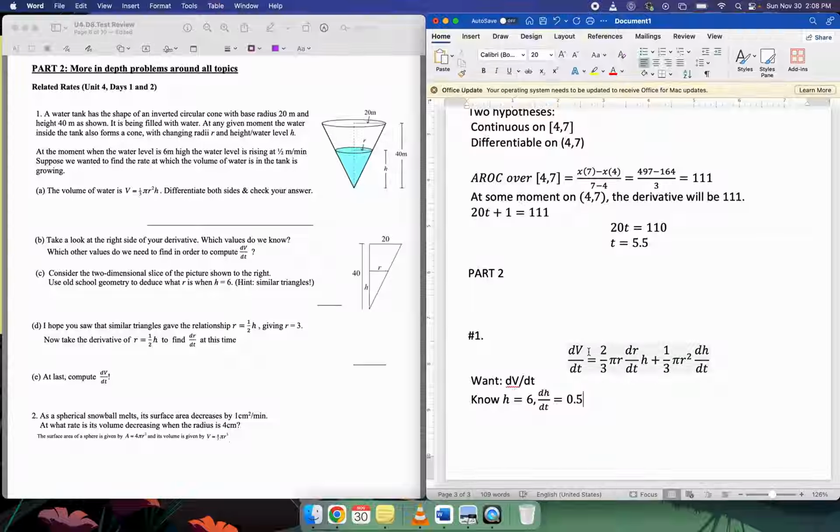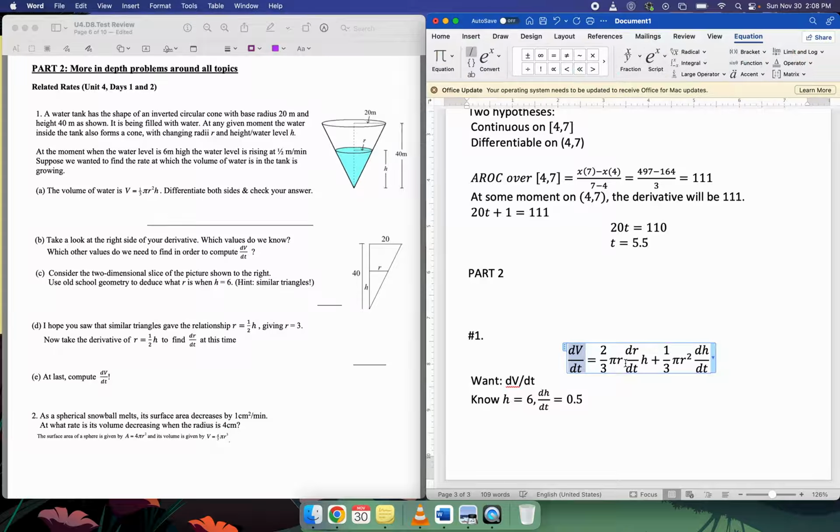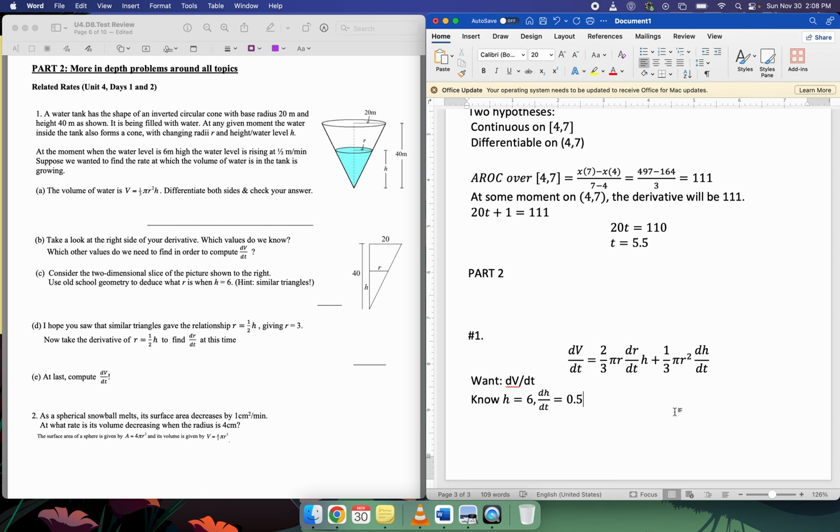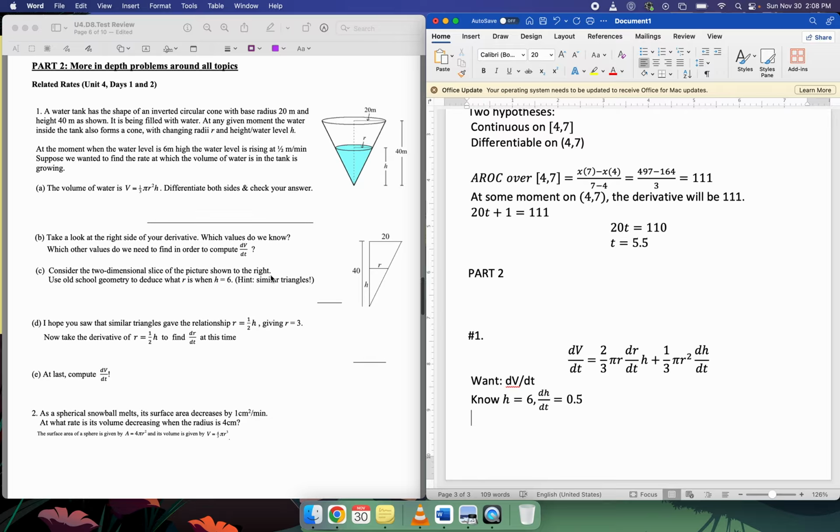If we look at this equation, this is what we want, but we do not know r and we do not know dr/dt. There's quite a lot that we don't know in this equation. This problem is pretty tricky because to find those things, you actually have to use a totally different equation, and we guide you through it.